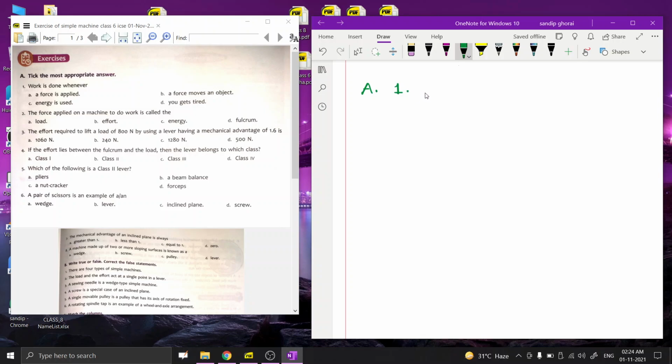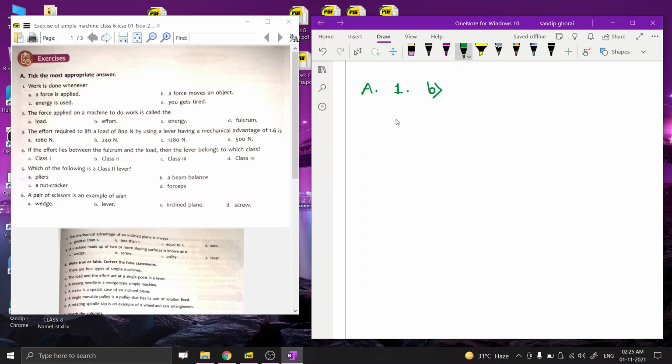The correct answer is actually B. That means a force moves an object, because if force is applied but there is no displacement, then no work is done. So work is done whenever force is applied and also the body moves from a point to another point. So the answer B is correct.